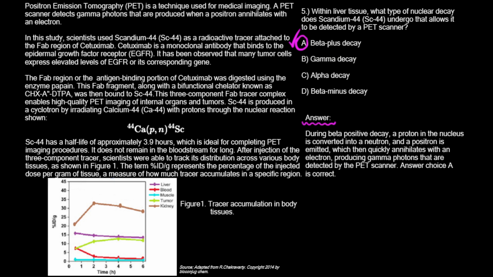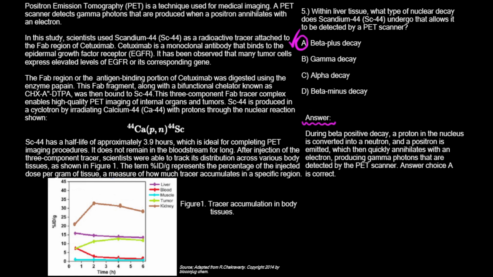Number 5 says within liver tissue, what type of nuclear decay does scandium 44 undergo that allows it to be detected by a PET scanner? This question is actually asking how does scandium 44 produce a signal that the PET scanner can detect? The passage tells us that the PET scanner detects gamma photons from the annihilation of a positron with an electron.